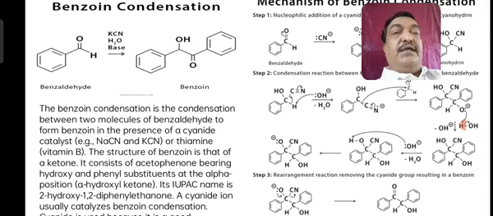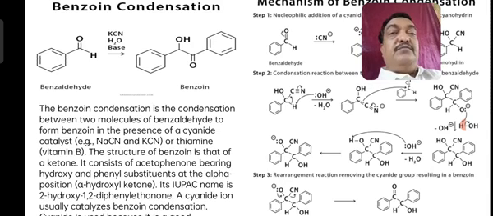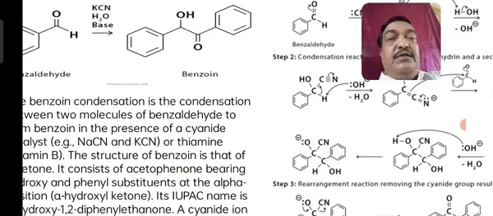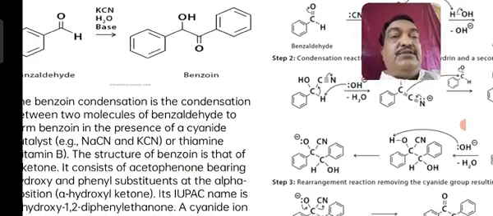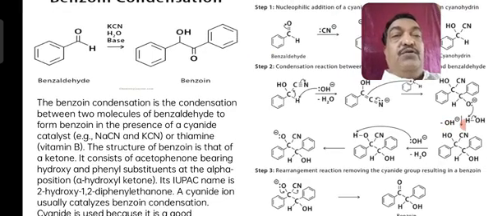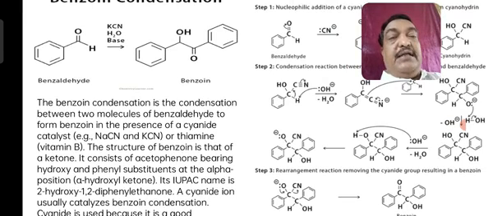So this reaction is called benzoin condensation. This reaction involves aqueous potassium cyanide, which acts as a base for this reaction. Now you can see the benzoin condensation is a condensation between two molecules of benzaldehyde to form benzoin in the presence of cyanide ion.